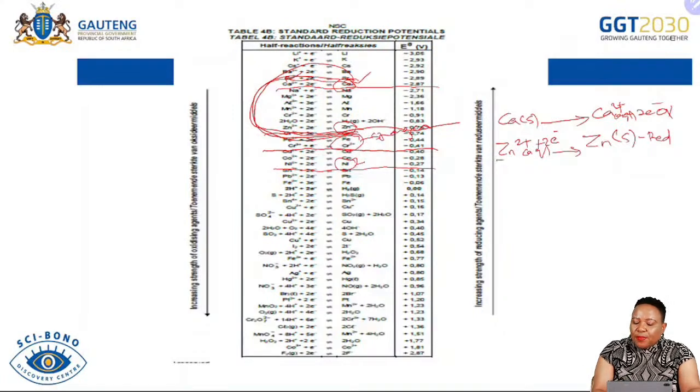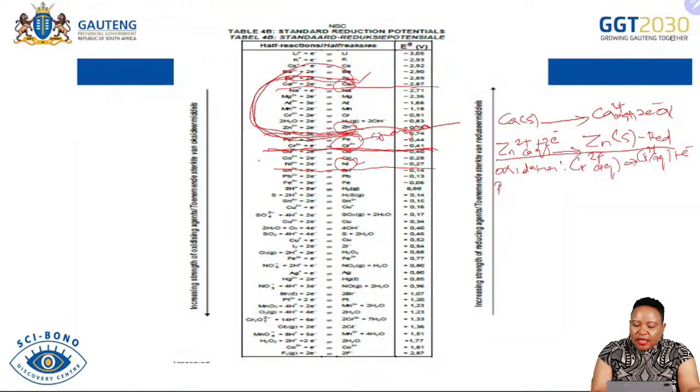Therefore, you will start by writing the oxidation reaction, which is going to be that one of Cr2 plus, which is aqueous, going to Cr3 plus, which is also aqueous, plus an electron, as indicated on this half cell.